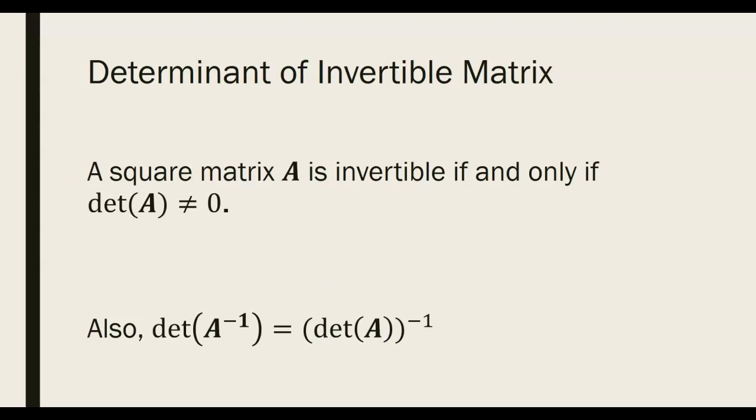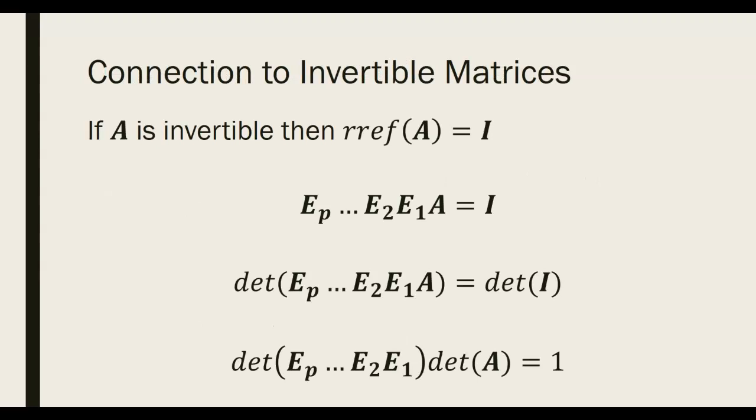So that kind of showed up here. If you remember way back in chapter 2, we said, well, since this product of all of these matrices times A has to give me the identity, this product in here is actually A inverse.